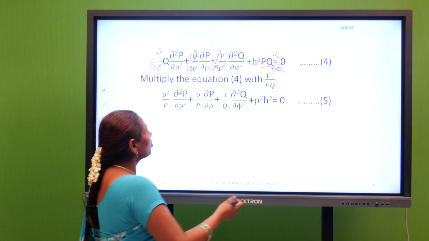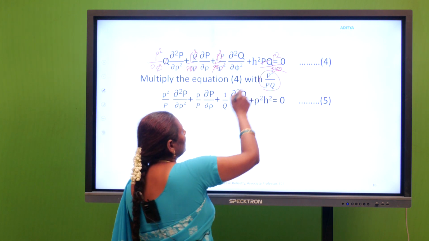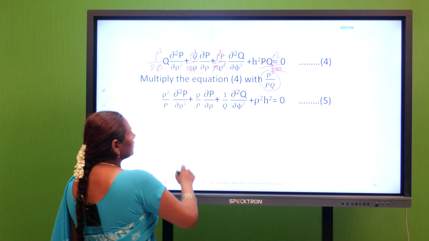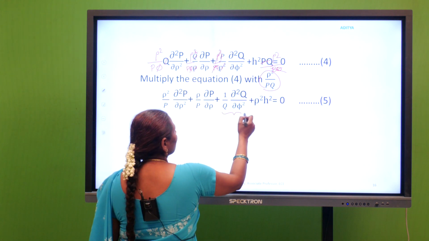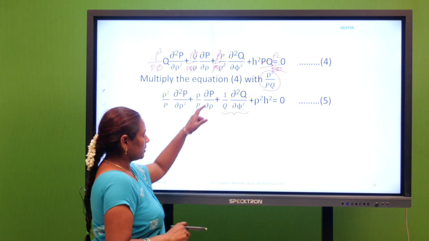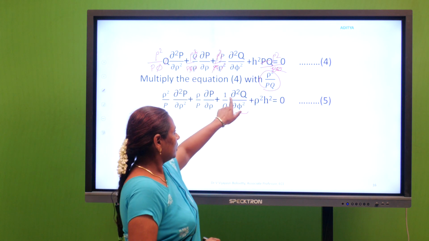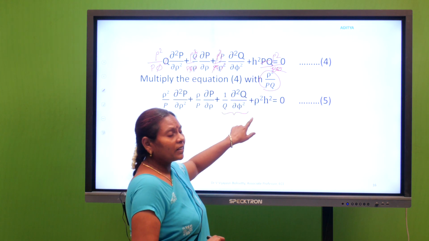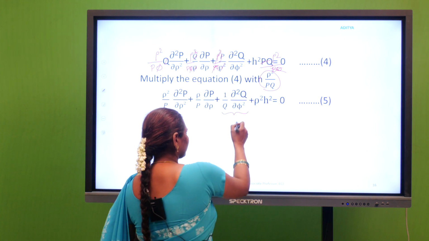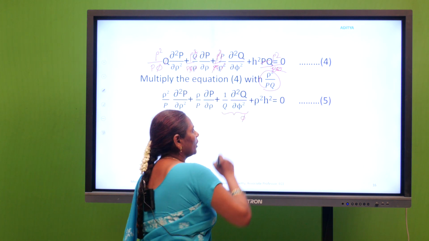Why we have chosen this term to multiply is so that we get one term which is dependent on Q only. This is 1 by Q dou square Q by dou phi square, that means this entire term is a function of phi only.